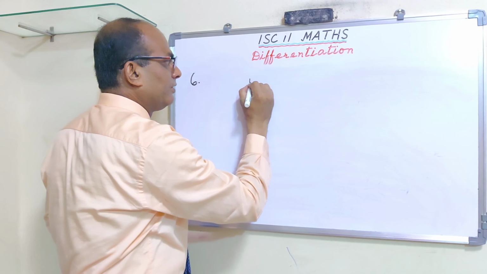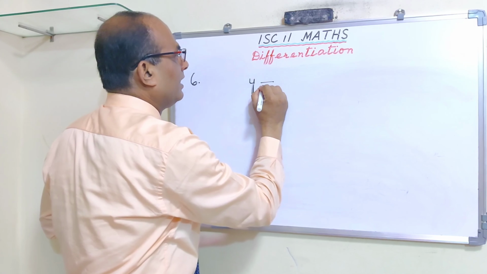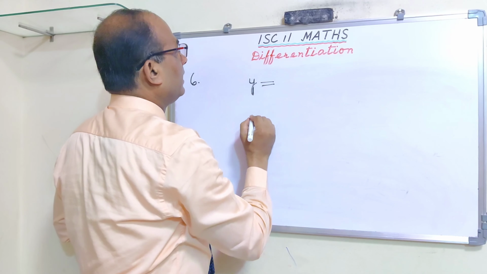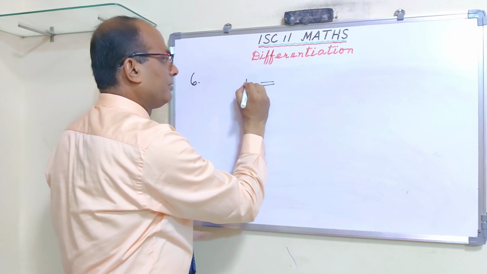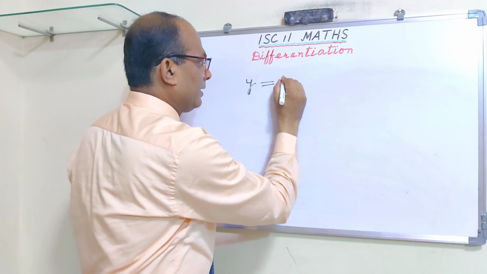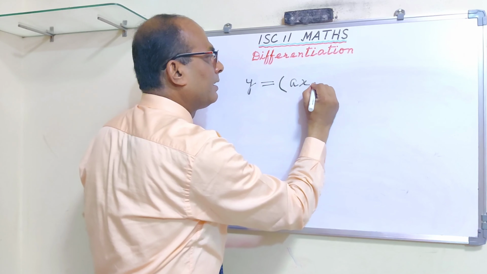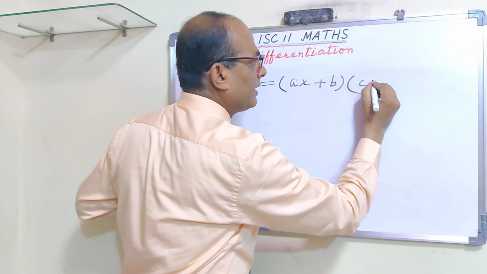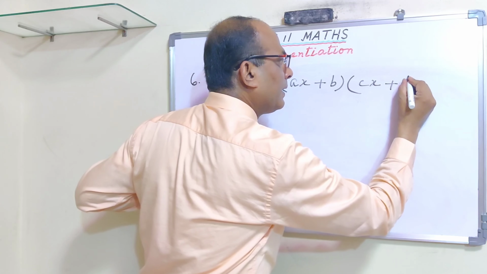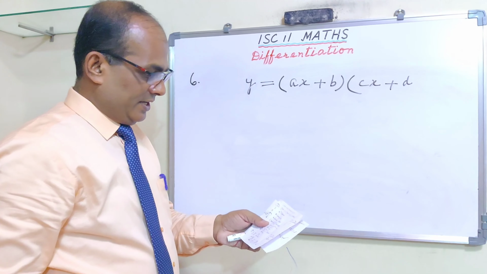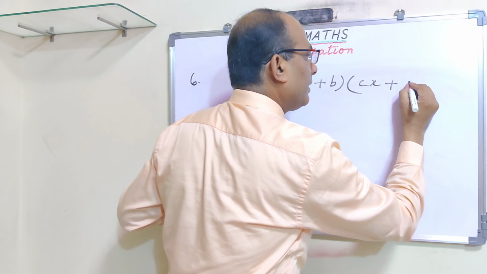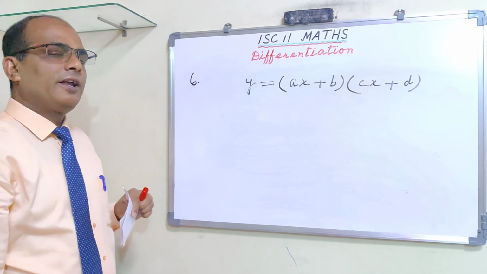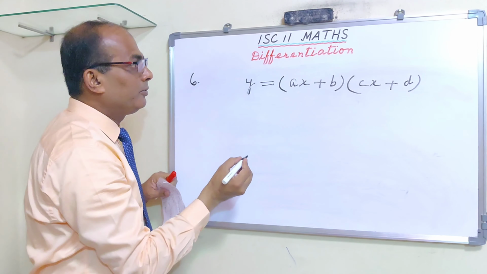Let y is equal to (ax plus b) times (cx plus d). Differentiate. It is UV form again.